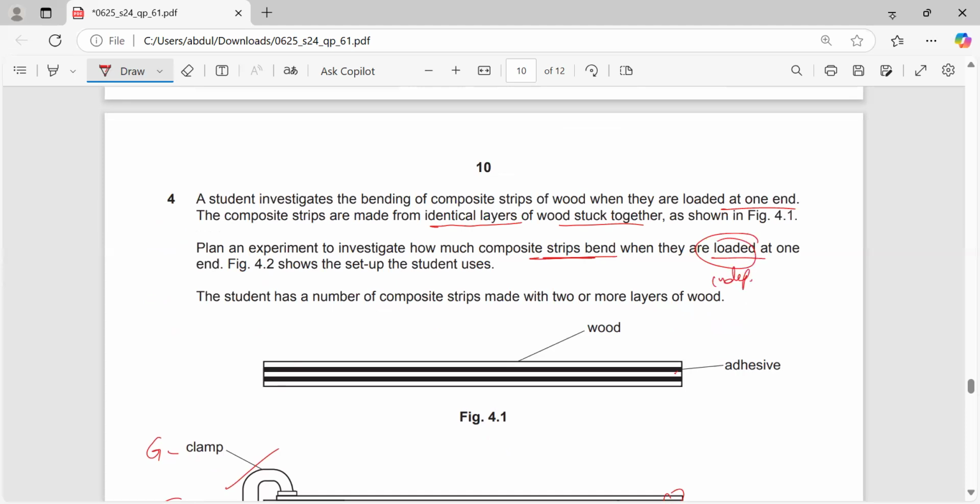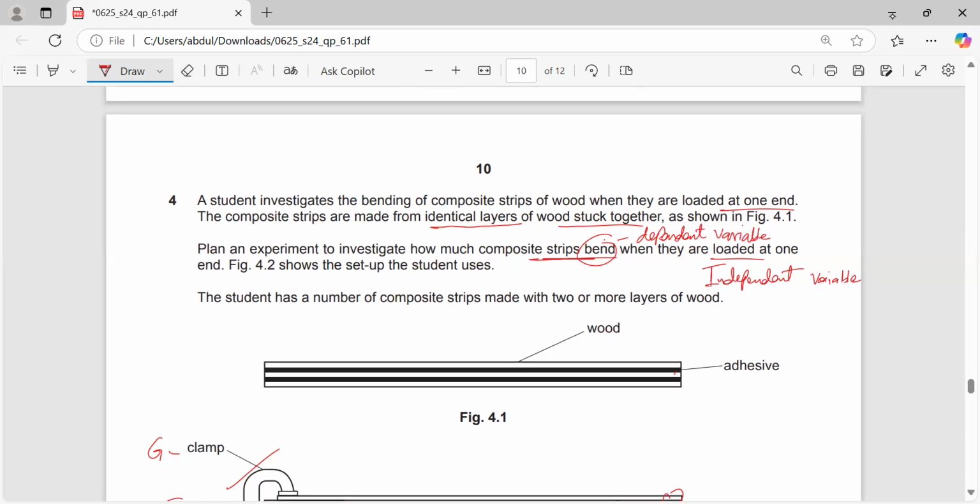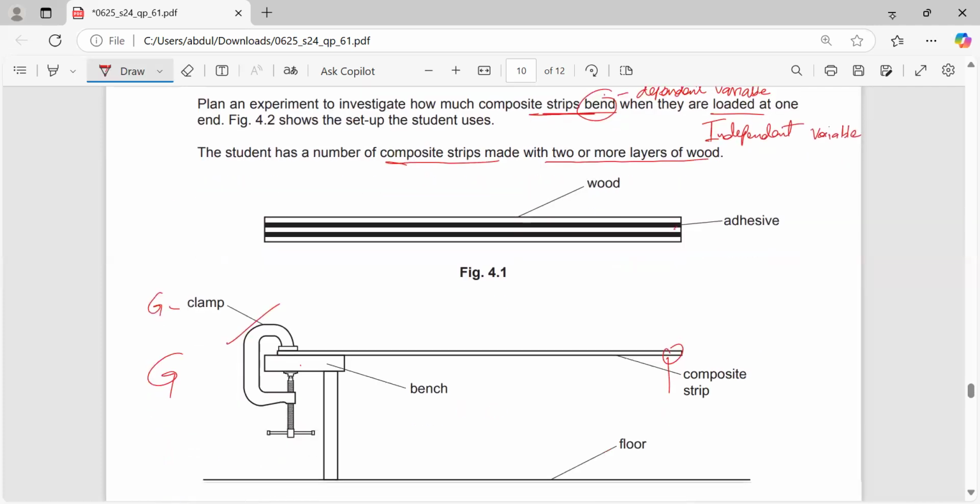This is the independent variable. This will be changed by the student while performing the experiment. And this bending will be the dependent variable. The student has a number of composite strips made with 2 or more layers of wood.